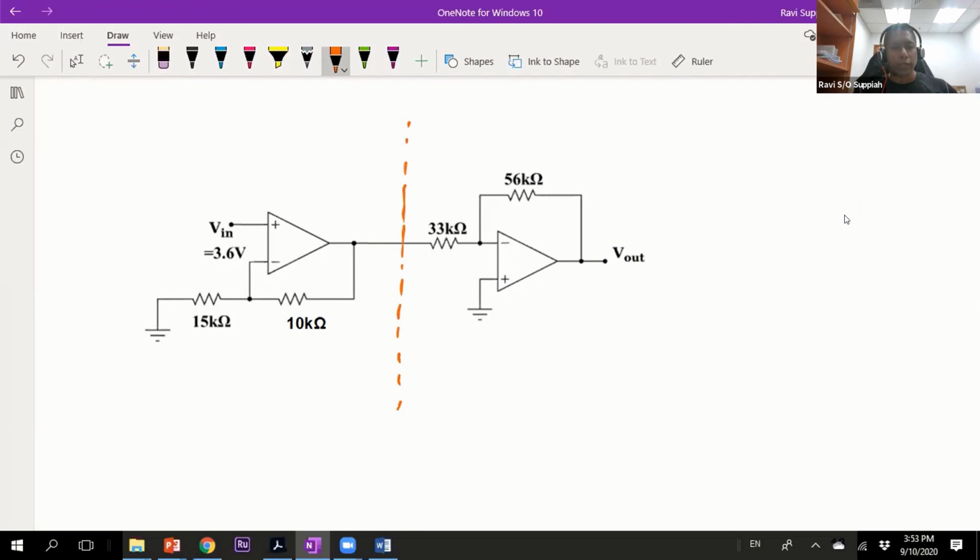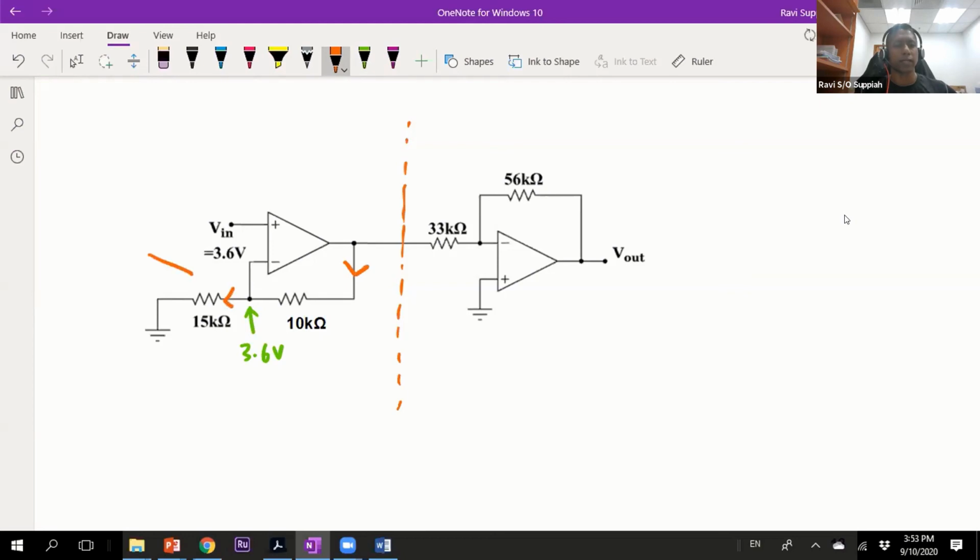On the left hand side, you have something very similar to just now, which is a non-inverting op amp. Let's analyze that part first. V in is connected to the plus, and is 3.6 volts. The same analysis as just now: V in is 3.6 volt, V minus is also 3.6 volt. Since no current flows in, the current flowing down to ground is the same current coming out from the V out.